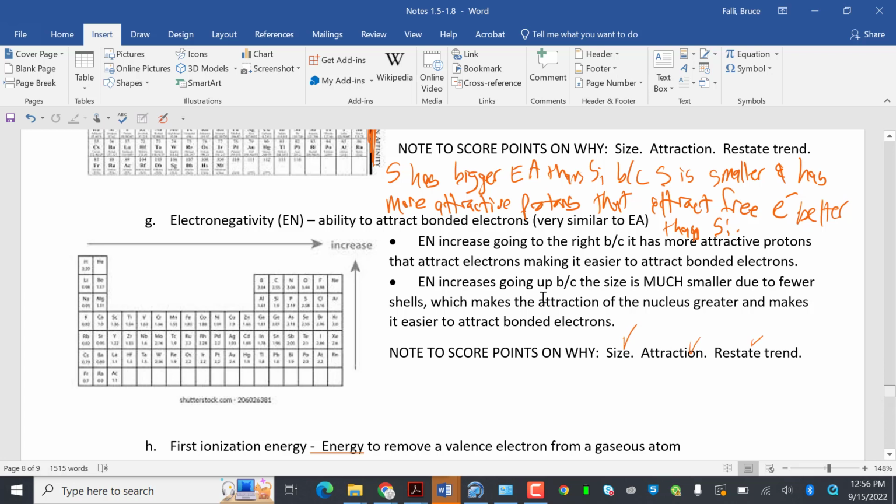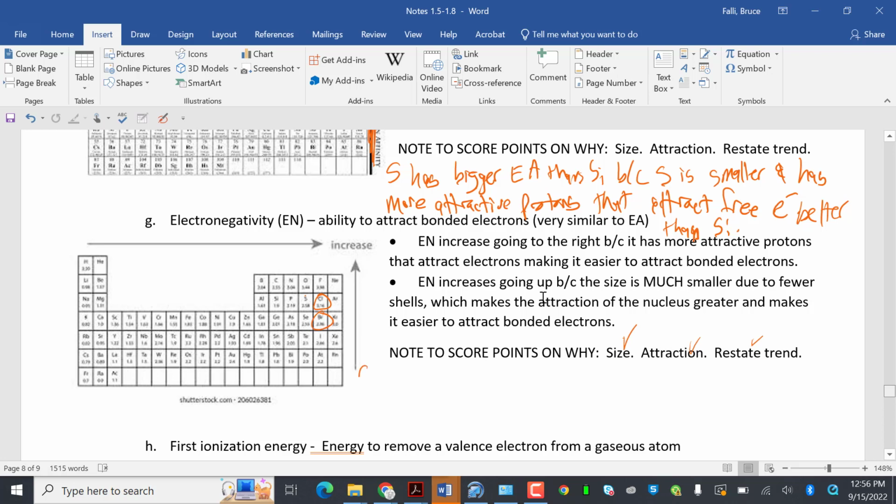Okay, so for this one, I'll give you a vertical trend. Oh, I can't read that one. This is what I get for picking blurry ones. Chlorine and bromine. I can't read them, but I know what they are.